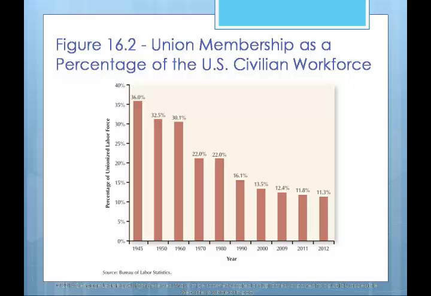right-to-work states. The other thing that the decrease has happened is that unionization was really more in the manufacturing facilities, and because of the decline of manufacturing, construction, and mining services, unionization has gone down.